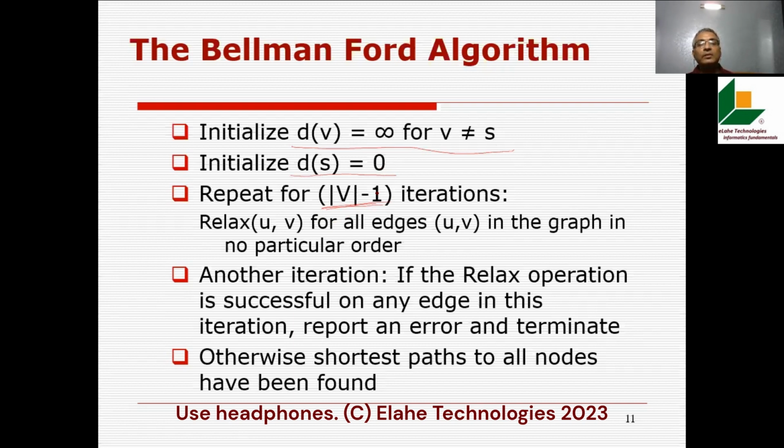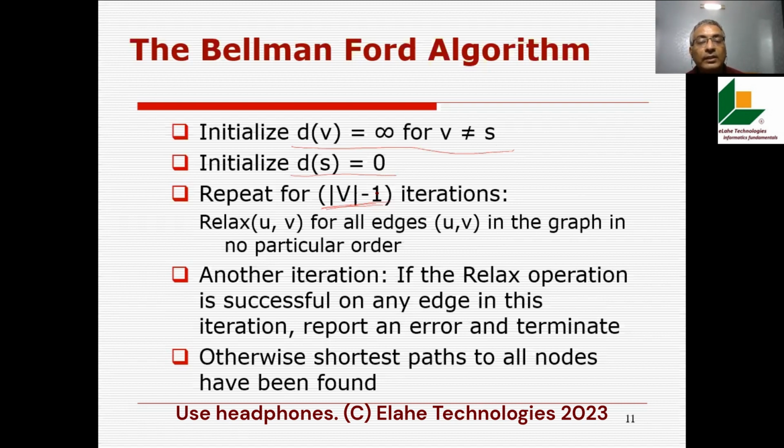So in iteration 1, we go to all the edges in the graph and apply the relax operation. Iteration 2, we do the same. And the claim is that if you do this V minus 1 times, you have all the shortest paths. Why, we'll come to that in a moment.